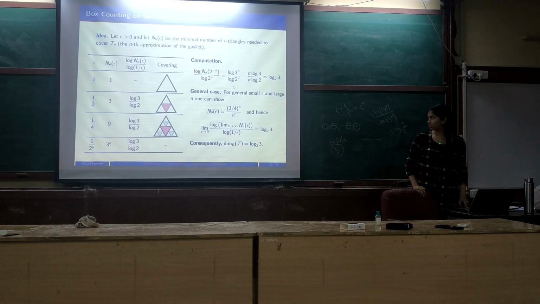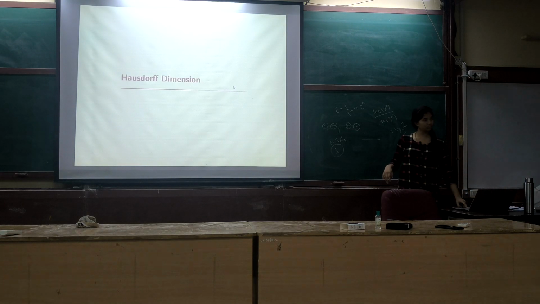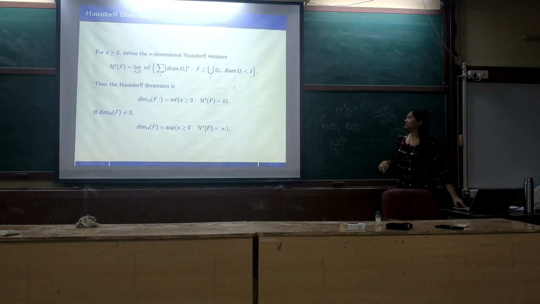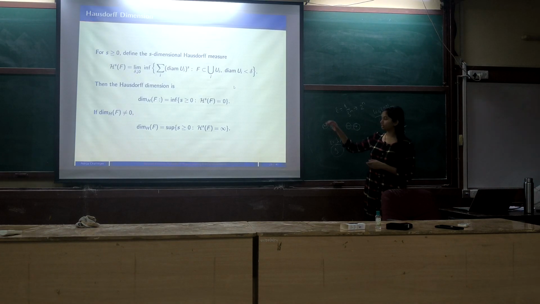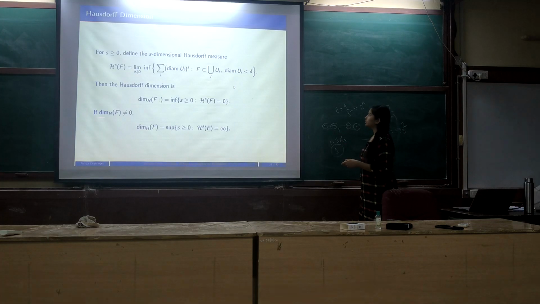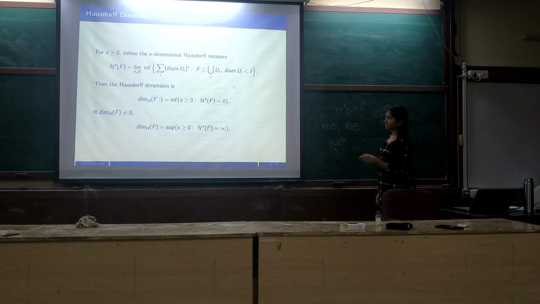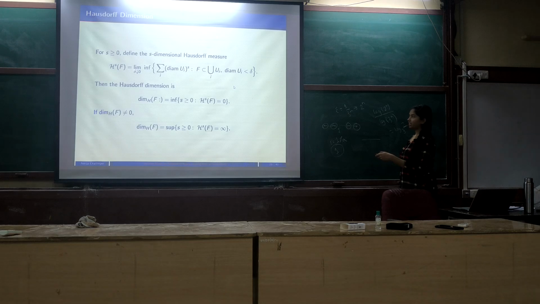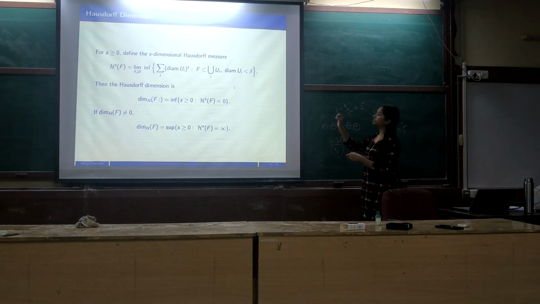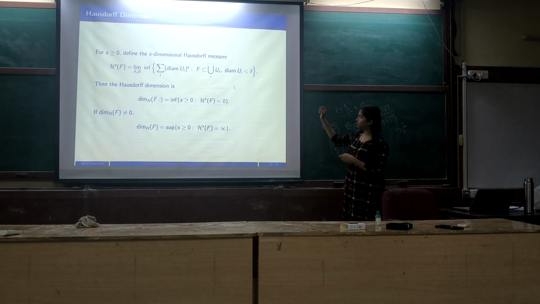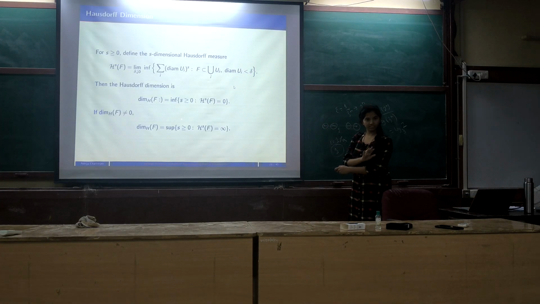So now we have the Hausdorff dimension. So first we have to define a measure for it. So for the s-dimensional Hausdorff measure of a set, you try to minimize. You are given the restriction that for some delta the diameter of each set has to be less than delta.